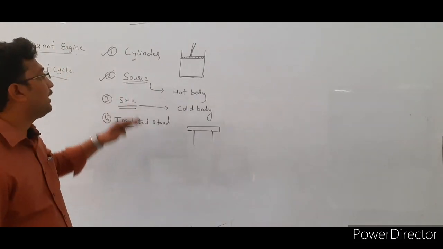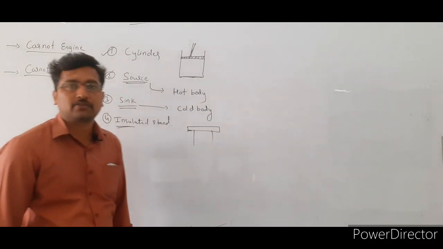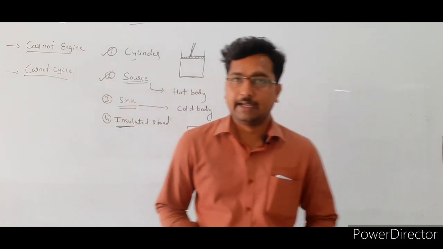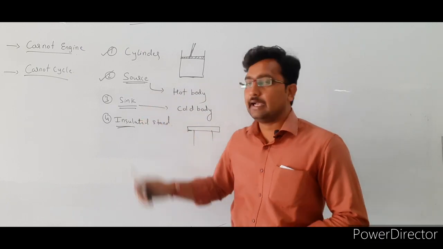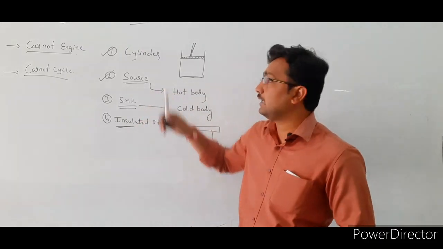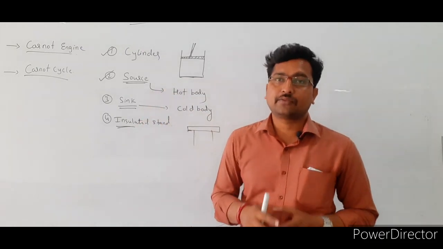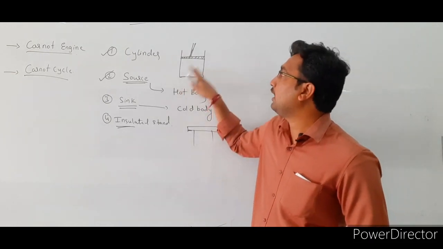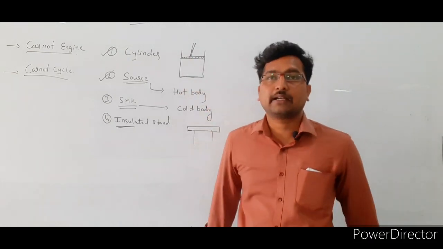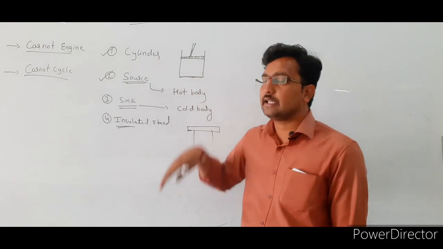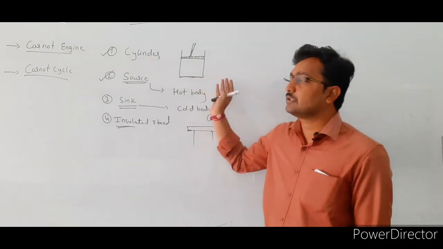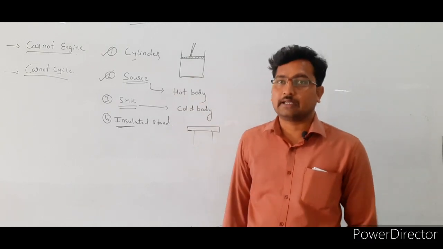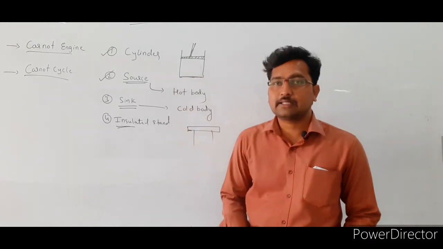So these are the parts of the Carnot engine. The Carnot engine is an ideal heat engine, and it consists of a cylinder, source, sink and insulated stand. The cylinder is the main part of the engine. The wall and the piston are made up of a purely bad conductor of heat, only the base is a good conductor, and it holds some working substance.